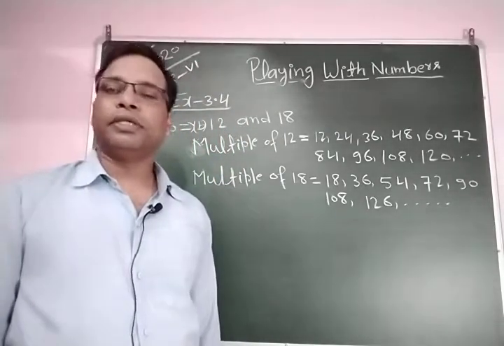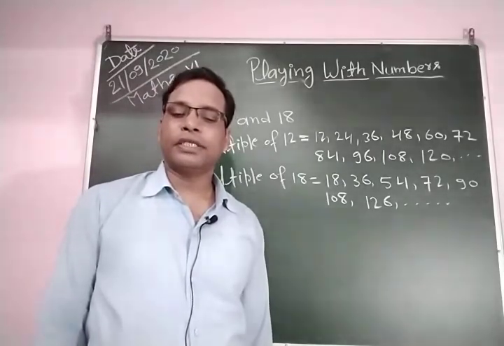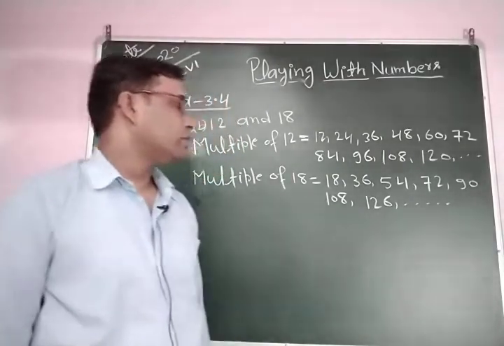Okay. So after this we need to find the first three common multiples of 12 and 18.